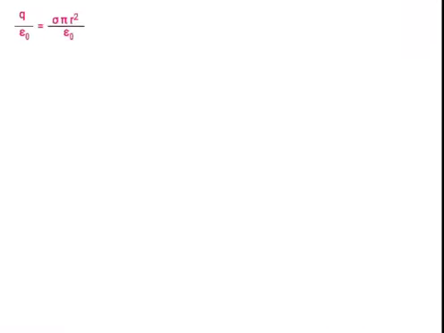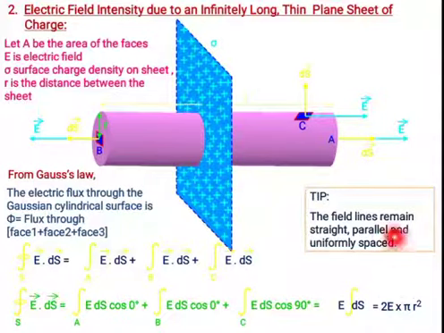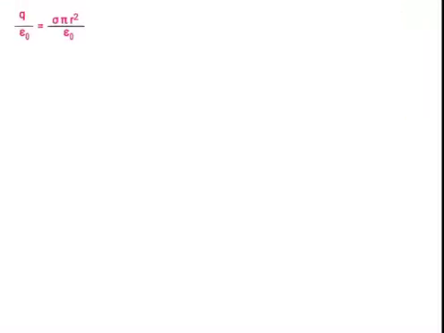Now we know from the Gaussian theorem, phi is equal to q divided by epsilon naught. Comparing that Gaussian expression with this expression, we get q divided by epsilon naught. But what is q here?